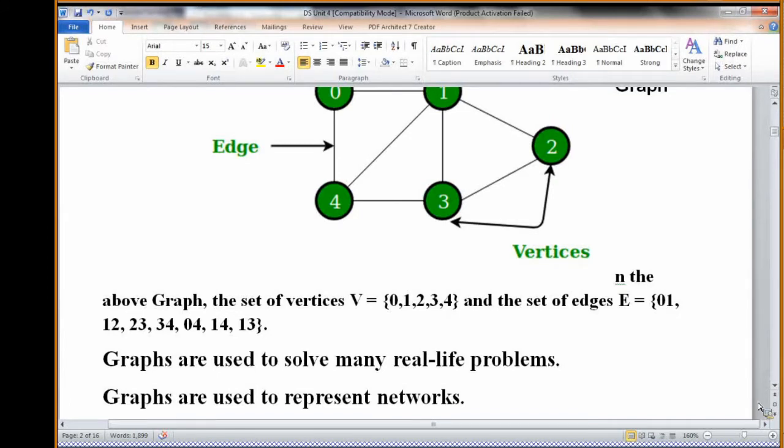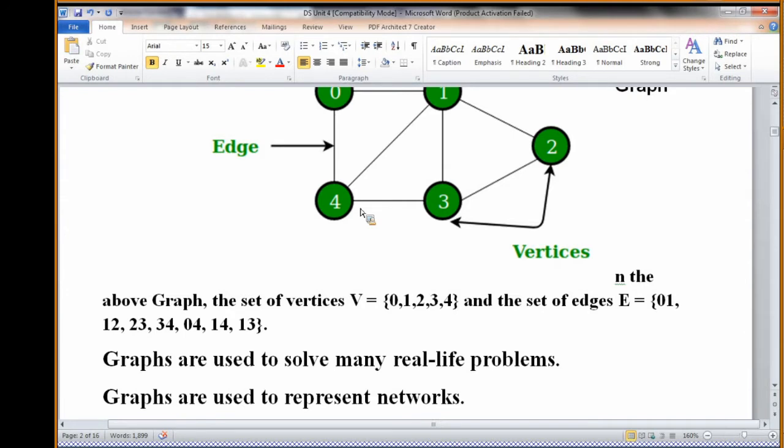And this we can call a graph: a set of vertices or nodes. V is equal to 0, 1, 2, 3, 4, we say the vertices are like this. And the set of edges we represent as E is equal to whatever connections are there: 0, 1 connection, 1, 2 connection, 2, 3 connection, 3, 4 connection, again 0, 4 connection, 1, 4 connection, 1, 3 connection.